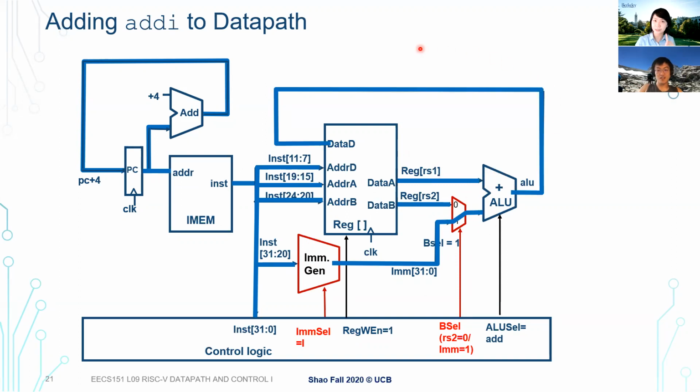And we still have our destination register, right? So the computed ALU value is written back to our register file, right? So we only introduce 2 new logic blocks here to support immediate operations in our data path.